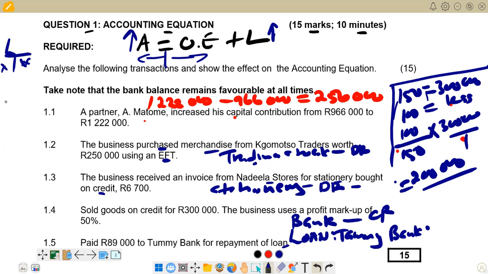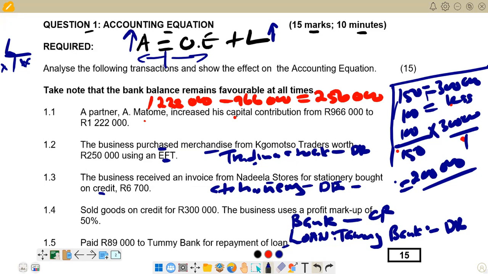So we are going to debit our loan, and the figure that we have there is 89,000. Then this is a credit on bank. We are crediting an asset, it's a reduction, minus. And also we are debiting a liability. A loan is a long-term, non-current liability. When we credit liabilities, that's when we increase, but when we debit them, we are reducing.